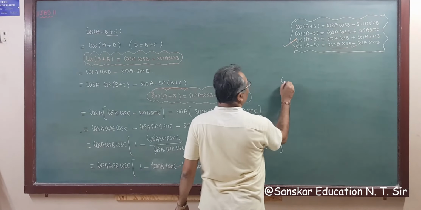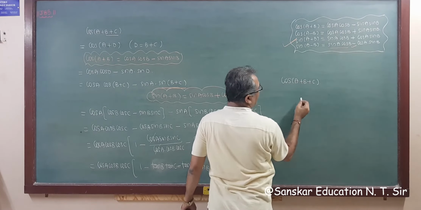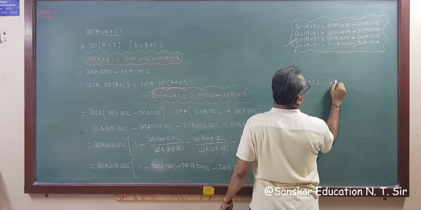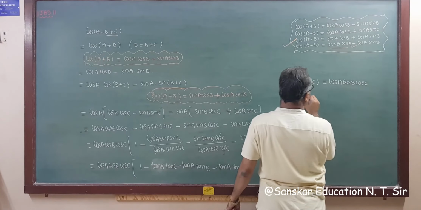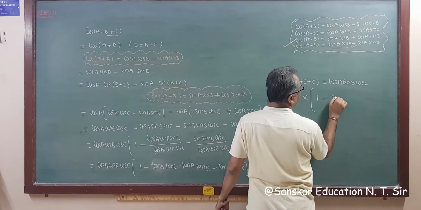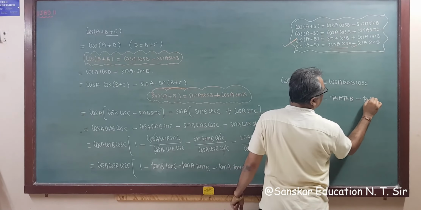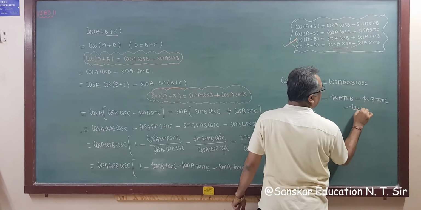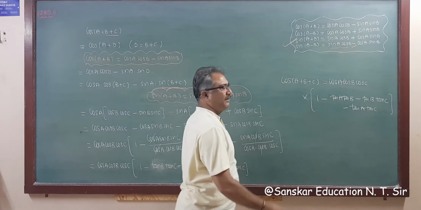So formula for cos(A+B+C) is equal to cos A cos B cos C into 1 minus tan A tan B minus tan B tan C minus tan A tan C. This is your formula, right?